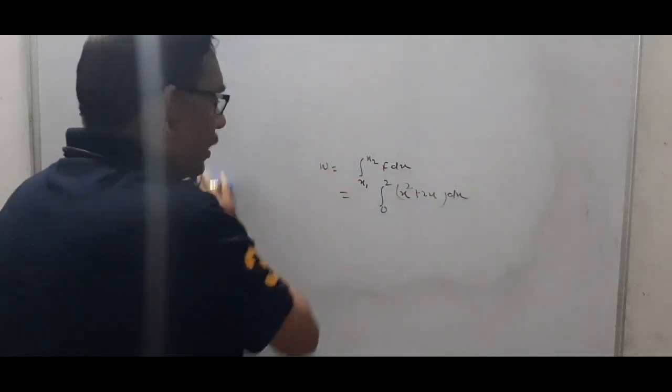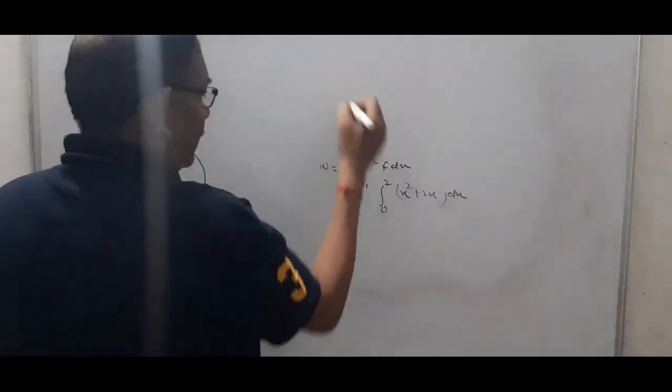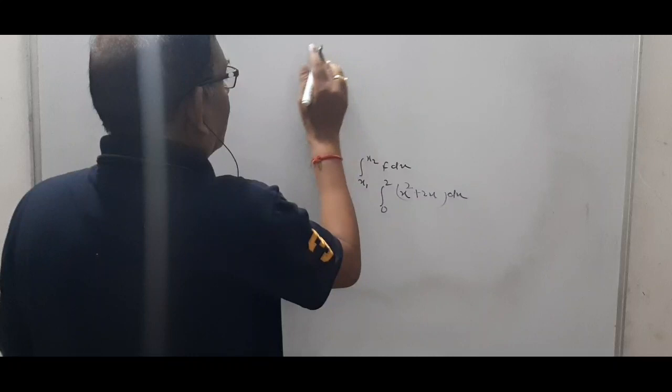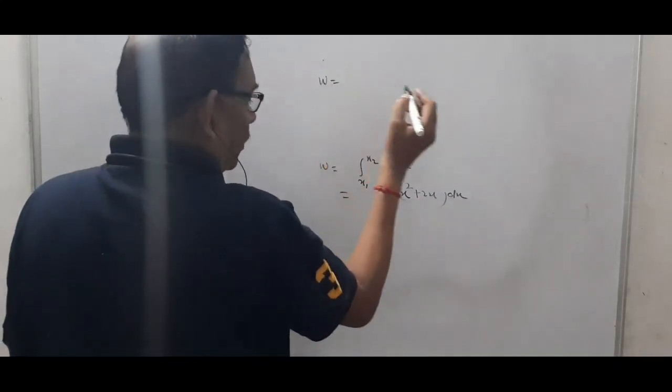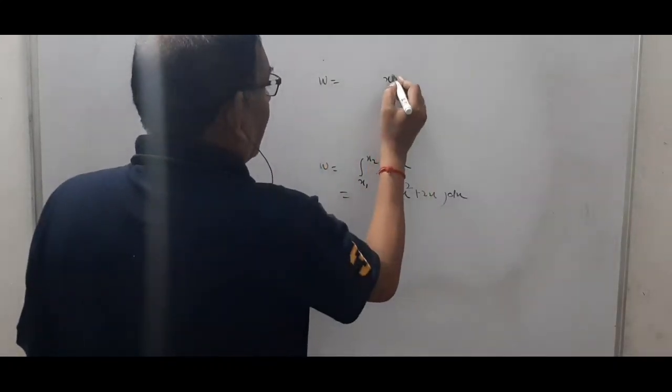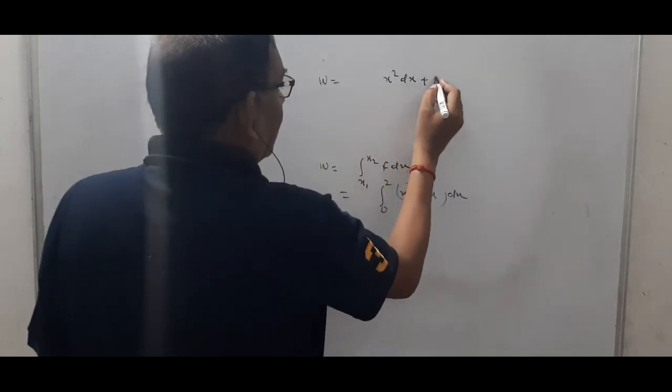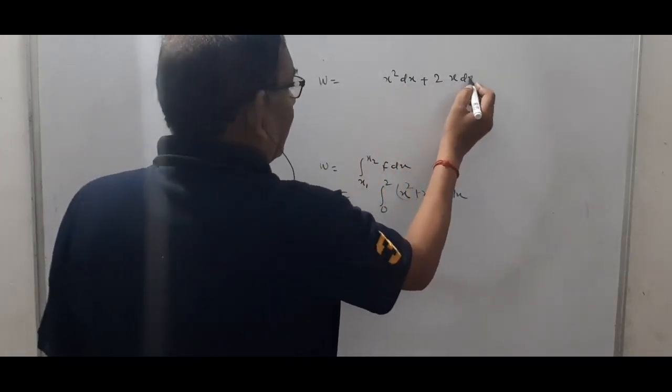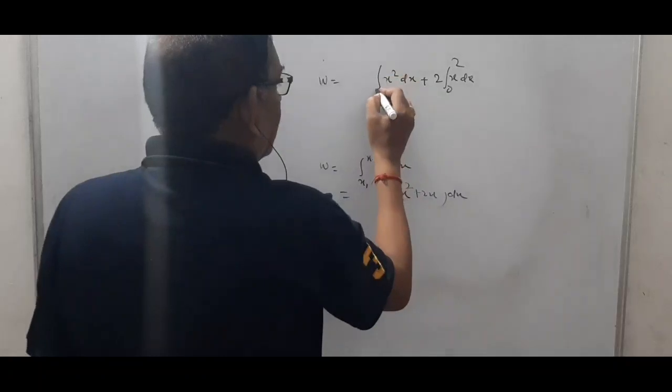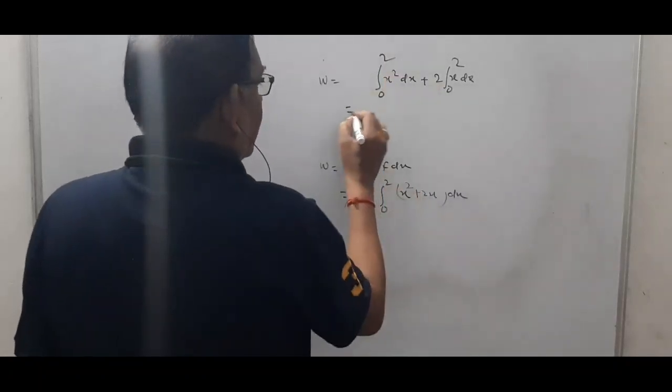You know the integrations very well. First integrate this one: W is equal to the integral of x square dx plus 2 times the integral of x dx, from 0 to 2.